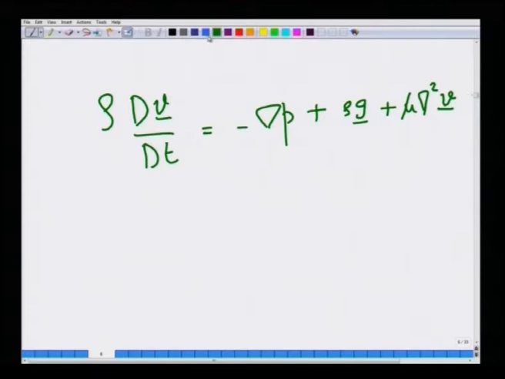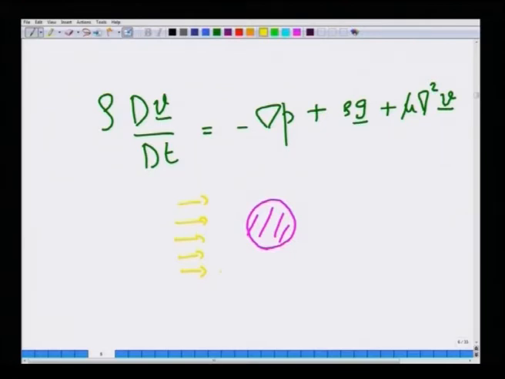Okay. Now, to be concrete, to give you a physical idea, let us say we are worried about flow past a sphere, the problem for which we just carried out dimensional analysis. So, you could either consider a sphere moving at a constant velocity in an otherwise stationary fluid, or you could consider the sphere to be stationary and you could have the fluid flowing past a sphere, far away the fluid could have uniform velocity.